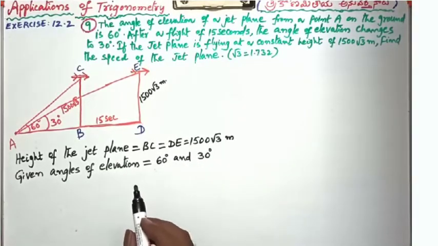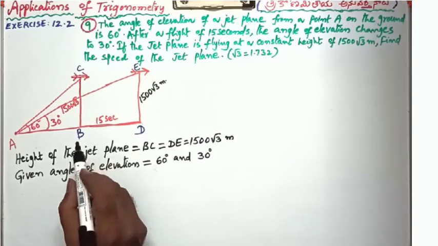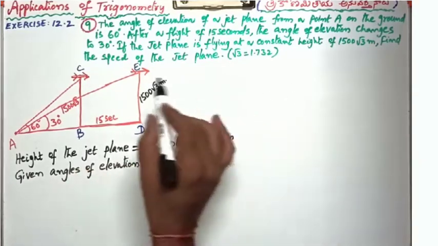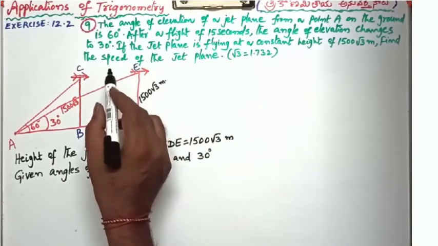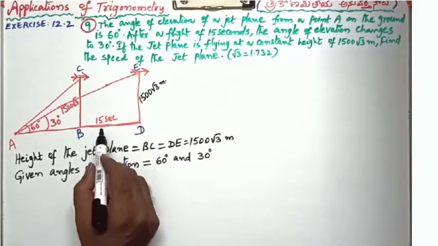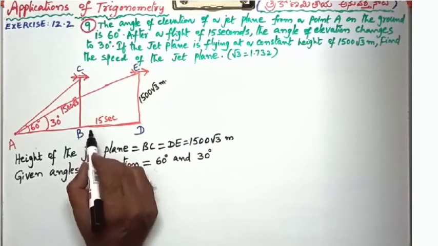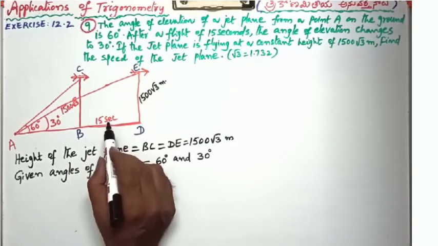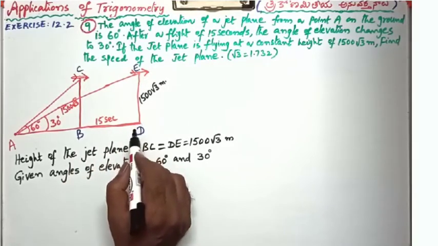Okay, this is the given information. And next we have to find the speed of the jet plane. What is the formula for speed? Distance by time. Okay, already time is given, so we have to find the travel distance for 15 seconds. That's why we have to find the BD value.